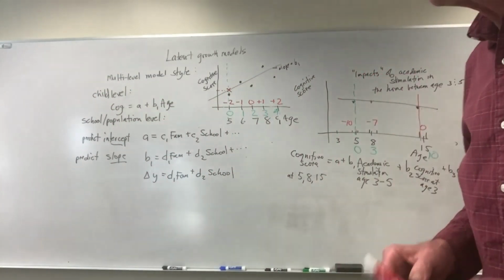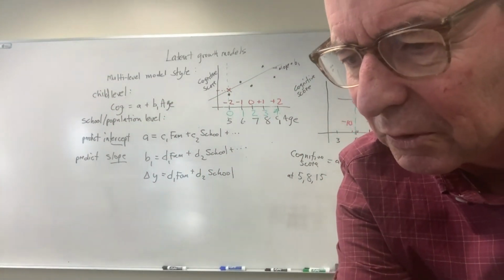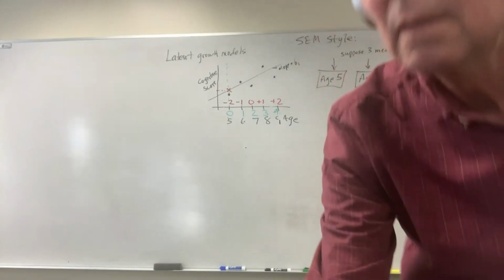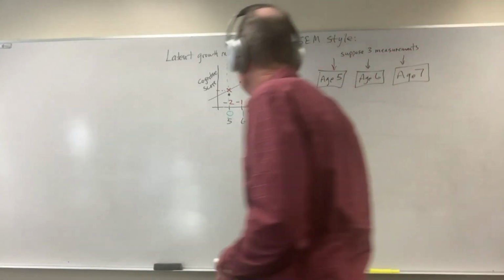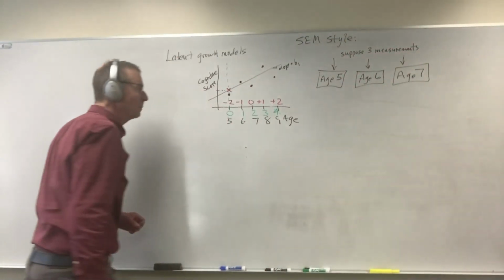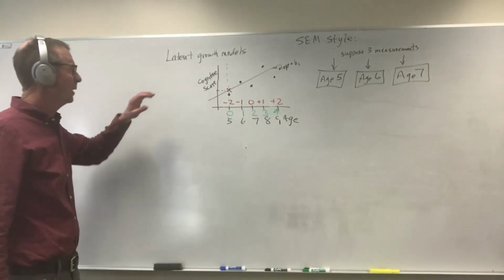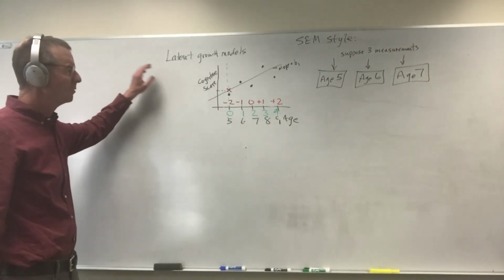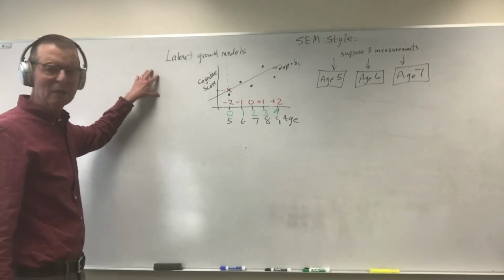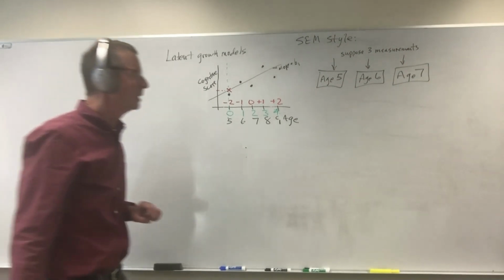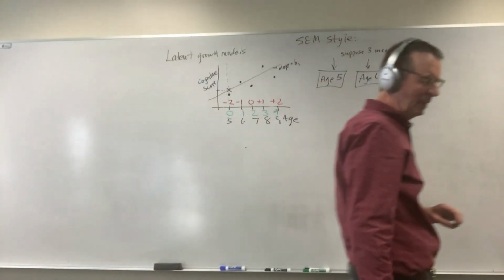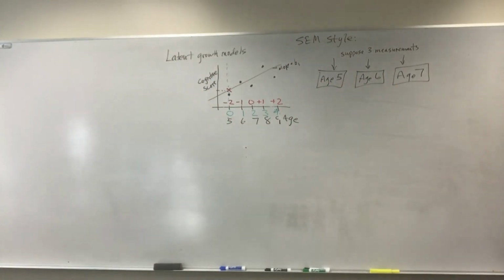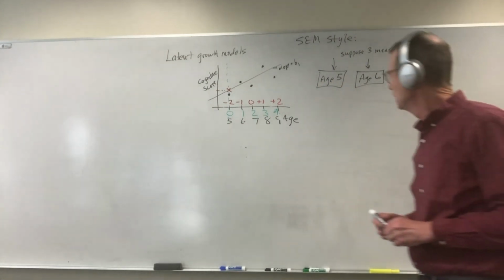Let me talk just very briefly about the SEM version of this. All right, so I've changed things up a bit. We're now switching on latent growth models from the multi-level style to the SEM style. So this won't take long because it's just a way of doing the same thing that the multi-level model did with SEM.